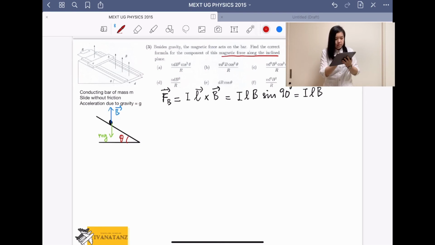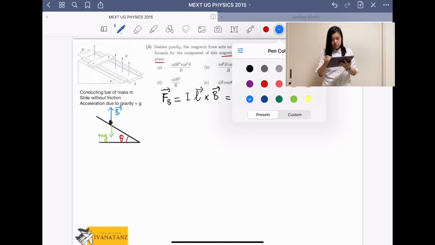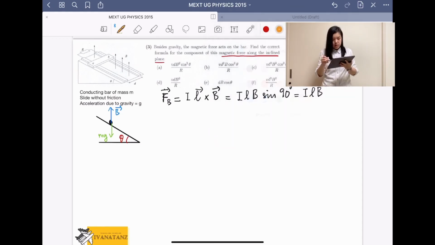But what the question wants is not just the magnetic force, but the magnetic force along the inclined plane. Oh yeah, I haven't told you yet the direction of FB. L cross B. L first. Just now we have that the direction of induced current is from B to A, so from this picture, it is pointing outwards.